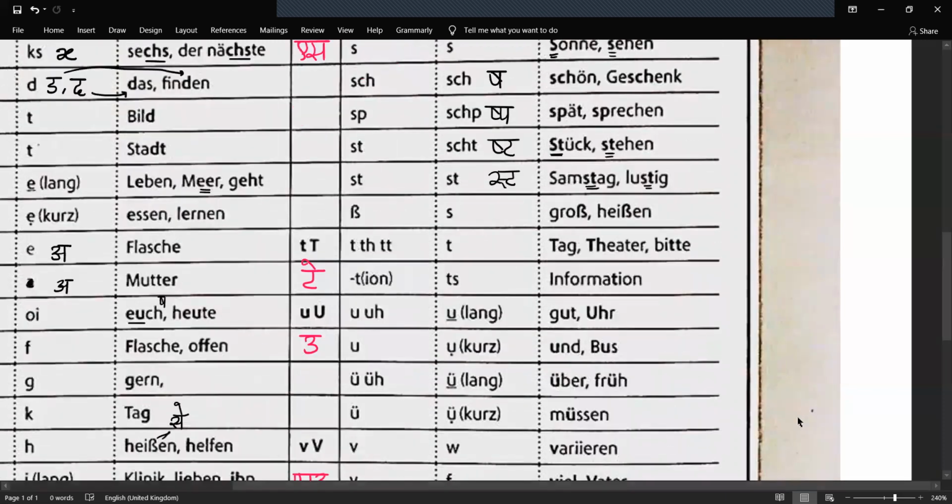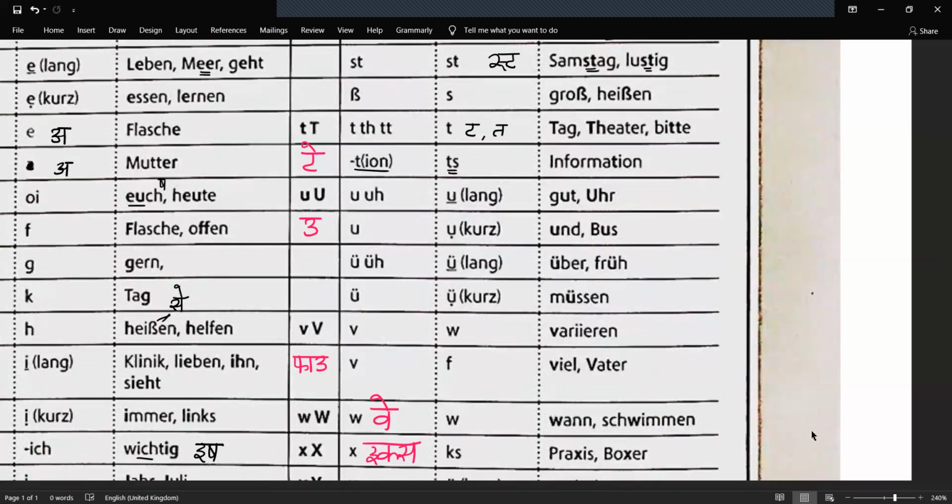Then T often has the T sound. So this is Tag, Theater, bitte. But TION always takes the ts sound. So this is Information. Then we have U, longer, gut, Uhr, shorter, Bus, with an umlaut, über, früh, müssen.